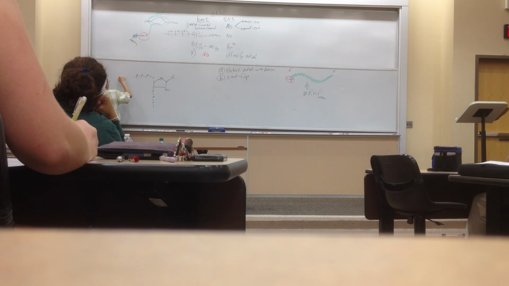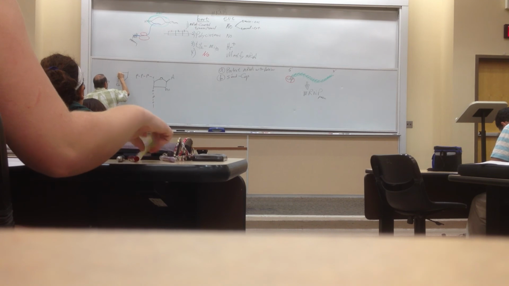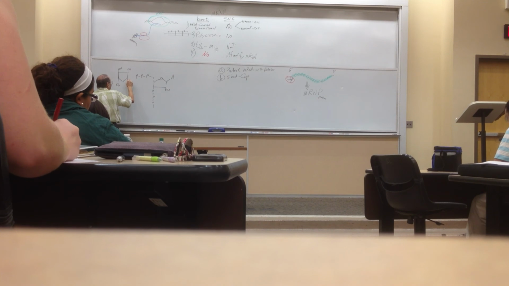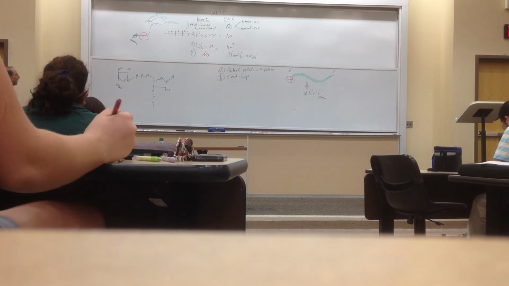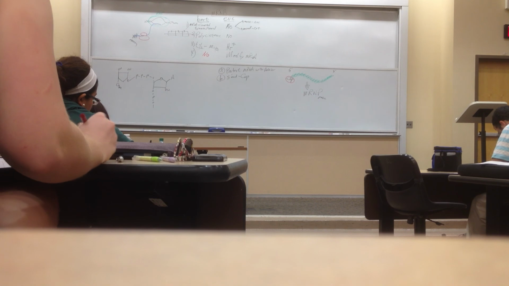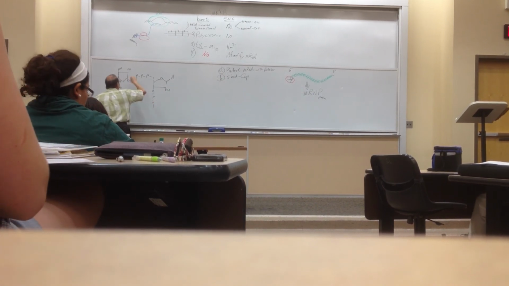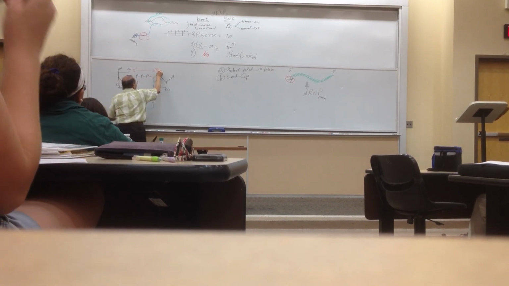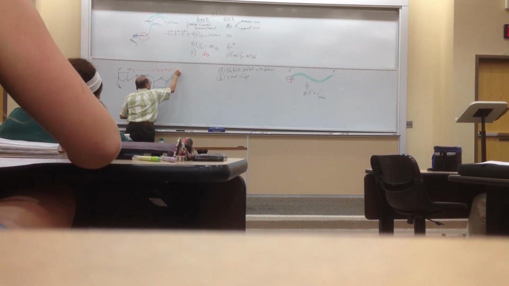And so the cap is a backwards guanosine nucleotide. That's the cap structure. Notice how bizarre this is. We are talking about a 5' triphosphate linkage.